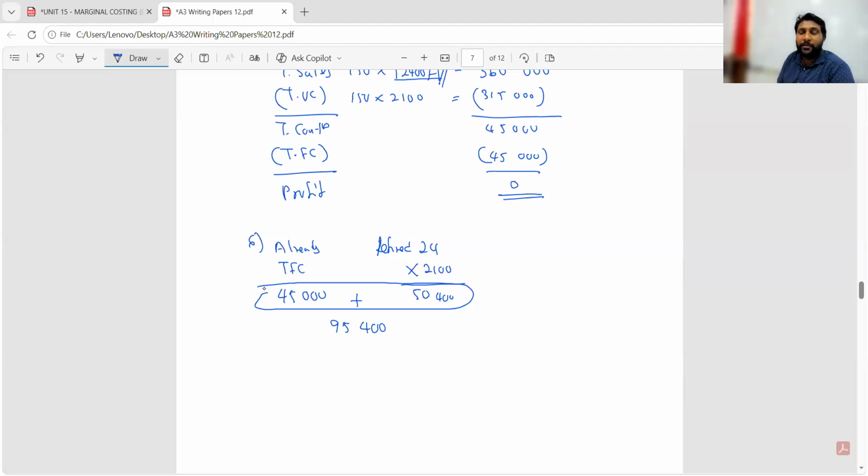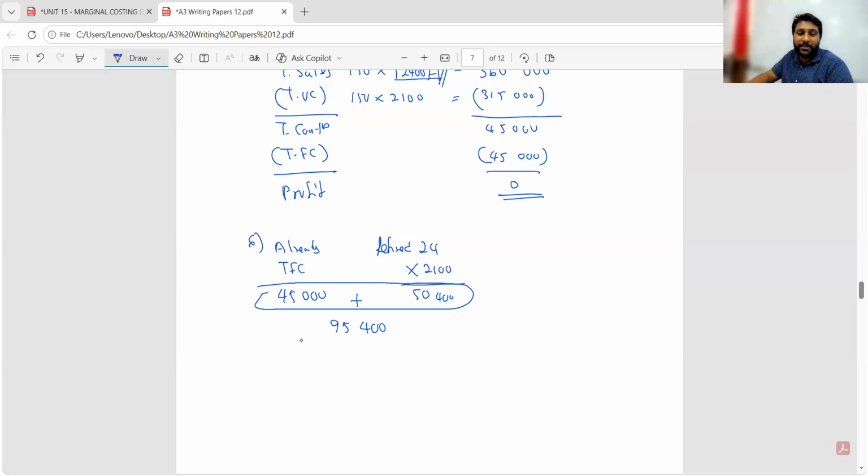Each active teacher, how much comes to our pocket? 900 rupees comes, yes or no? From each active teacher, we are getting 900 rupees. From that we can cover the cost.